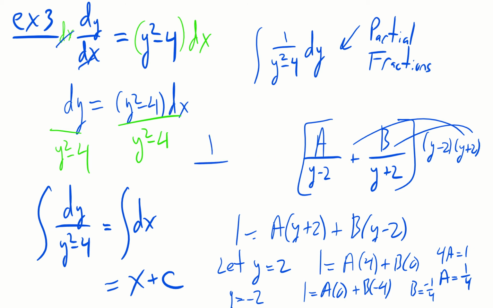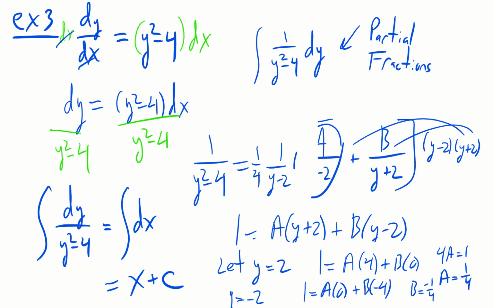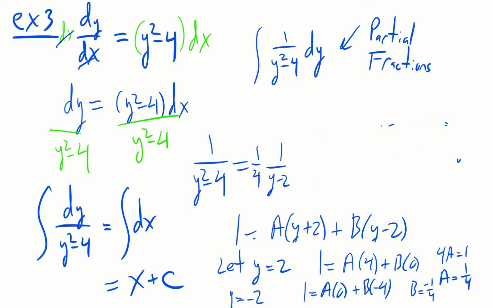Our original integrand, 1 over y squared minus 4, we can rewrite as a over y minus 2. Here I'll just bring the coefficient out in front, which is the same thing as 1/4 times 1 over y minus 2, and then we have plus b over y plus 2, where b is negative 1/4, so it's negative 1/4 times 1 over y plus 2.